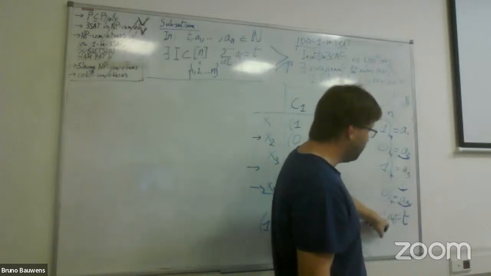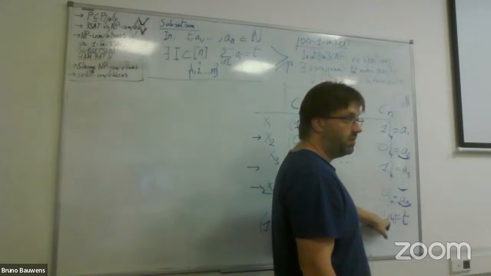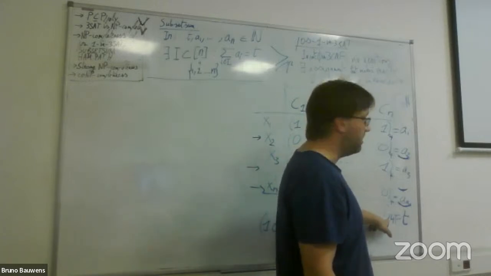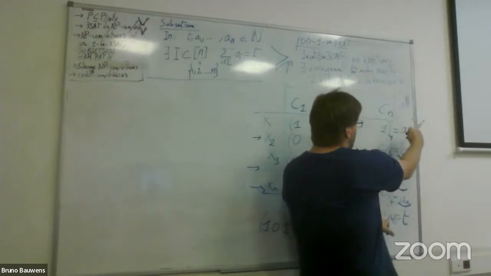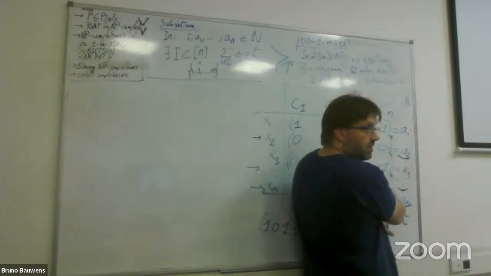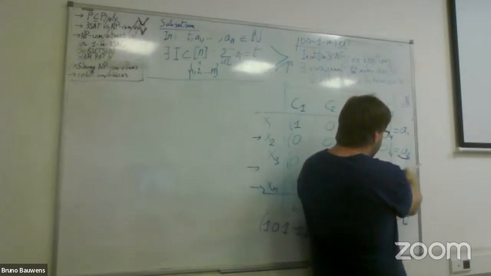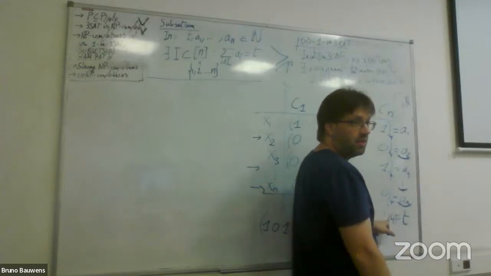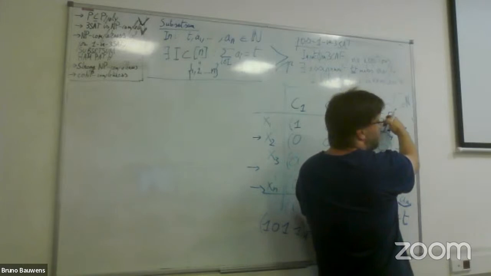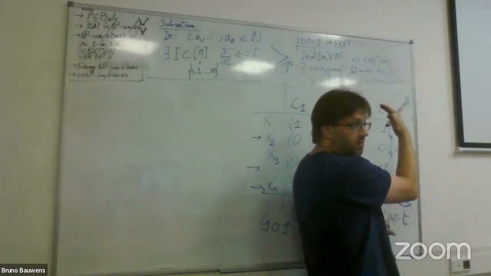Since there is no carry bit, we must have a 1 here by definition of t. And it means that precisely one of these numbers must be selected. Precisely one out of these 3 ones here must come from a number that's selected. And that means in clause Cn, precisely one literal is true.